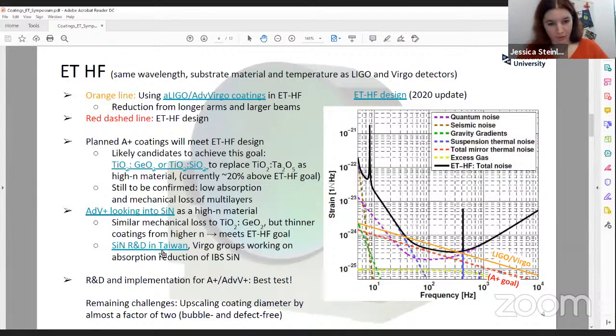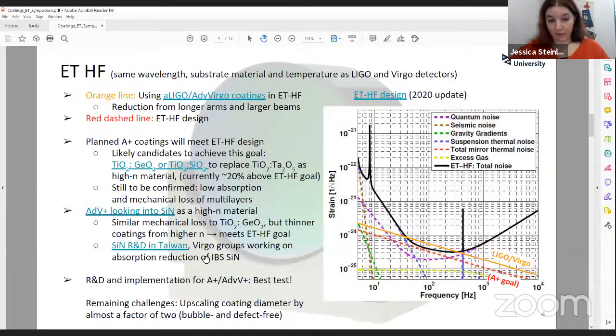Just to point out, there are references everywhere under these underlined links if anyone is interested in more detail. There has been a lot of work in the past in an LSC group in Taiwan, where they looked into how the silicon and nitrogen composition affects the refractive index. They looked into absorption and mechanical loss. And currently, Virgo groups are looking into absorption improvement of IBS silicon nitride and other properties.